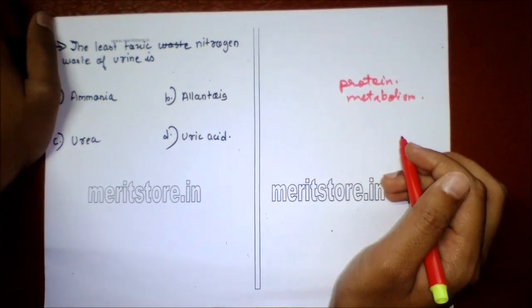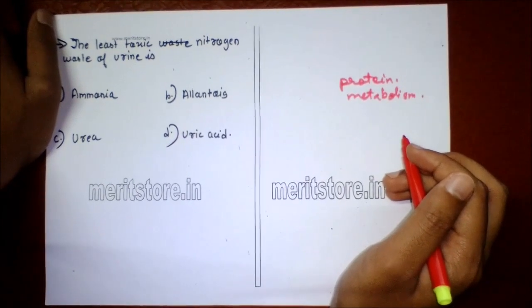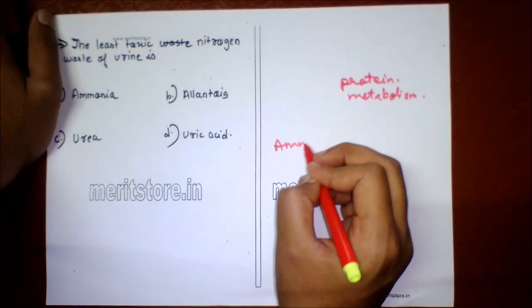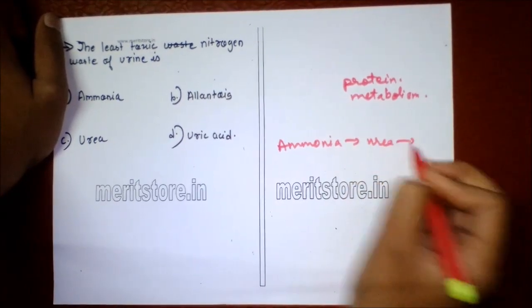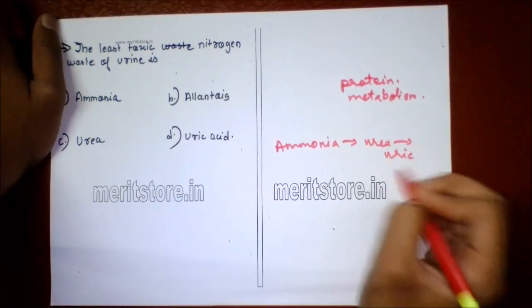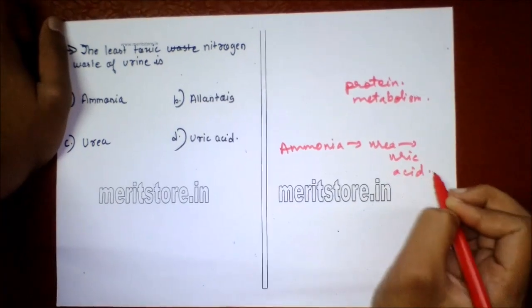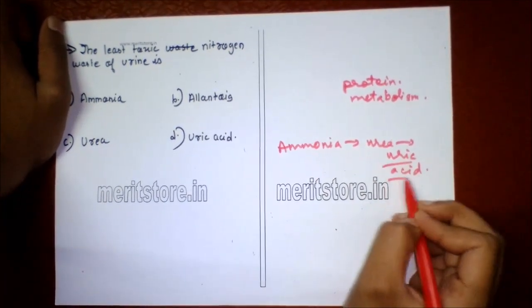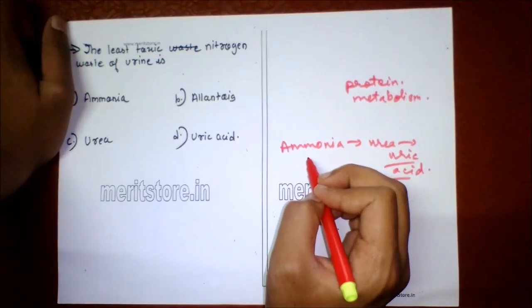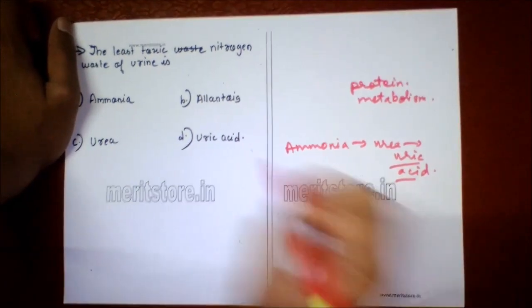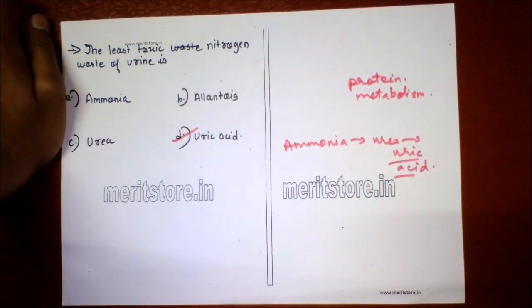So ammonia is the most toxic, followed by urea and uric acid. So minimum amount of water is required for uric acid and maximum water is required for ammonia. So the latter is the least toxic. Option D is the correct answer.